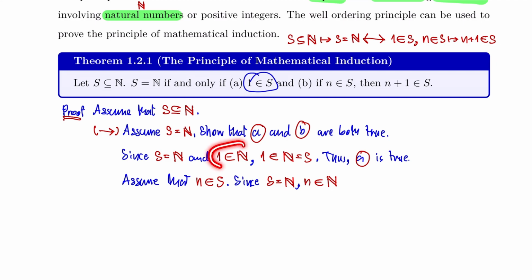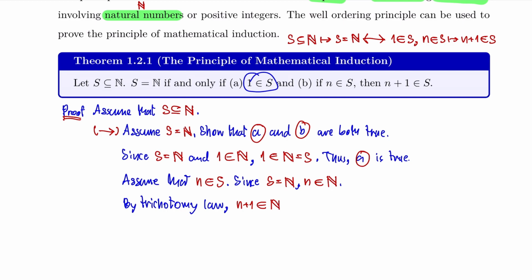And 1 is already in the set of natural numbers. By the closure law, the second law, we can have n plus 1 in the set of natural numbers.